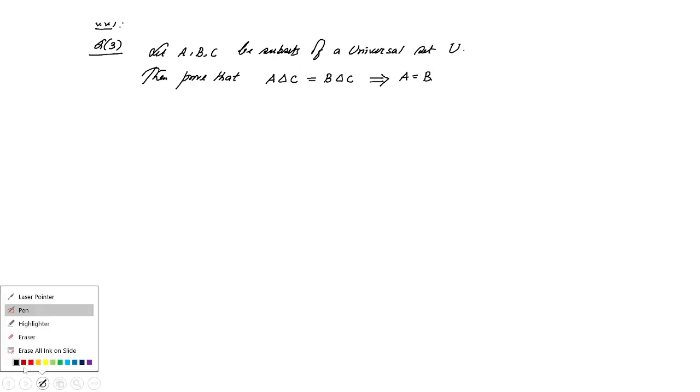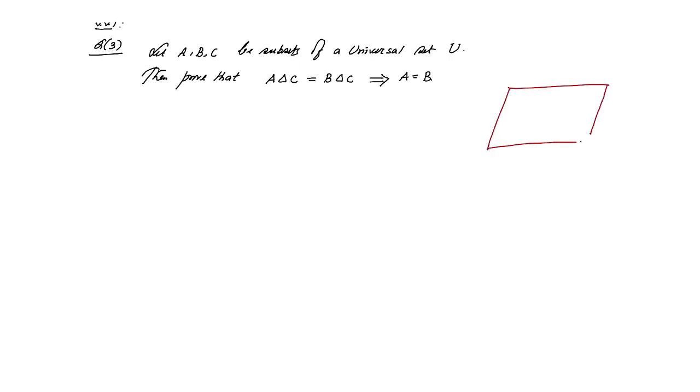So here the universal set is basically U, and A, B, C are subsets of the universal set. If we try to solve it, what is exactly given?